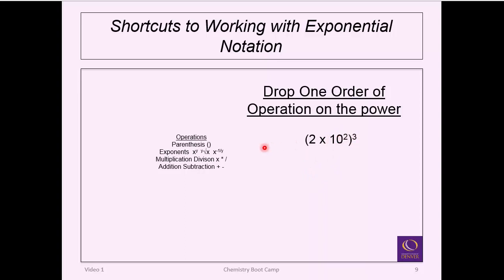So this is powers, that's exponents. Drop one order of operations, that would be multiplication. So now just take 2 to the 3rd power and then multiply that out. And there's your shortcut. So see what I did where I dropped one order of operations when I'm working on the power?